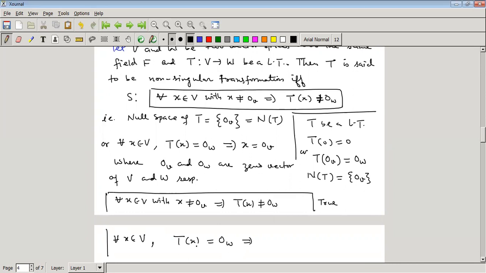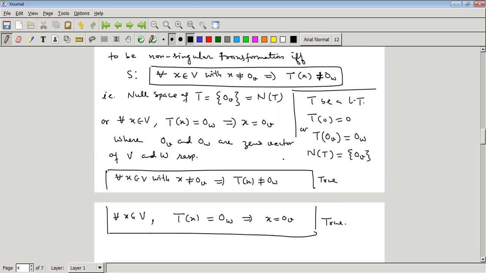So not Q, Tx equal to 0w, implies not P, that is x is equal to 0. So this is also true, and we can use both definitions, in the same way that we discussed in 1.1, for a non-singular transformation.